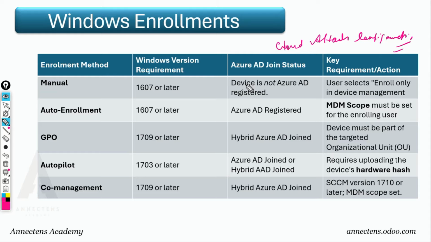I'll explain it in a minimal way: the ODJ connector will facilitate the offline domain join blob delivery, especially from Intune to the on-premise domain controller. There are lots of steps which run in the background, and the ODJ connector will act as a bridge between your Intune and on-premise AD, where we require an offline domain join blob and another set of parameters.